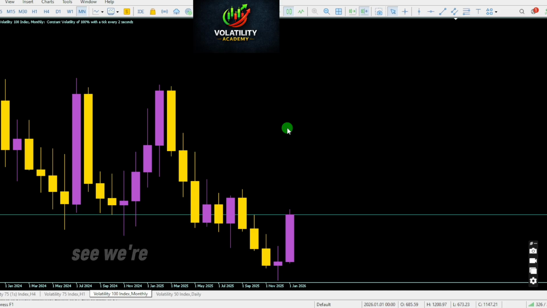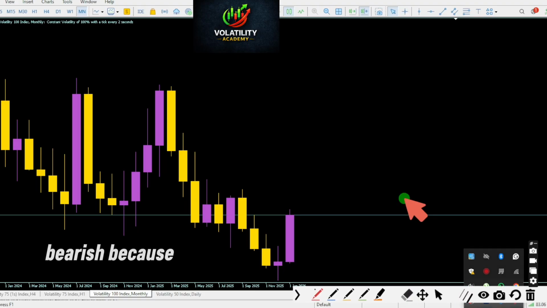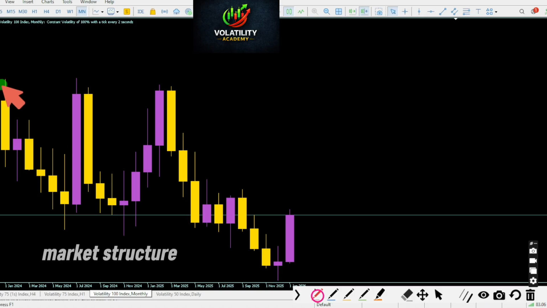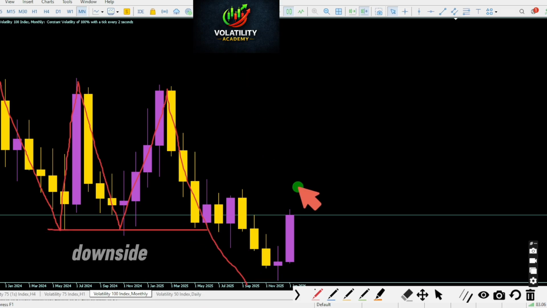Now, as you can see, we're on the monthly time frame, and currently the monthly, generally speaking, is bearish. It is bearish because look at market structure. Market was breaking lows. See, market broke structure to the downside.